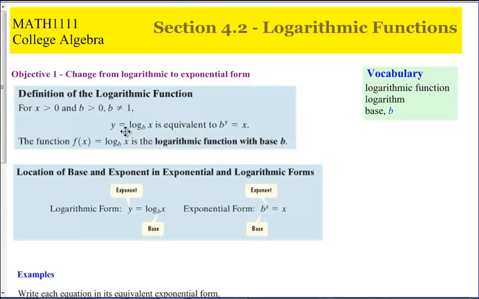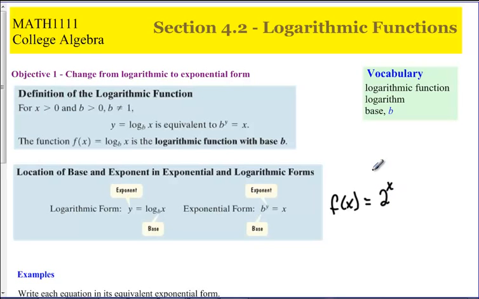All right. One of the big things I tried to make a point of whenever we were talking about exponential form is the base. This is how we would see an exponential, something like f of x equals 2 to the x. 2 is the base.